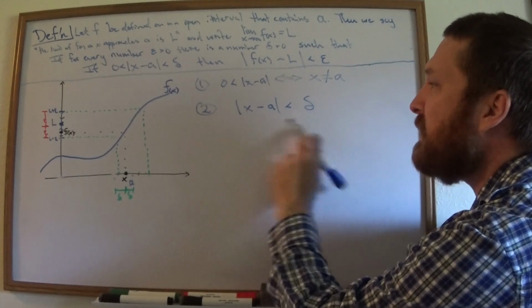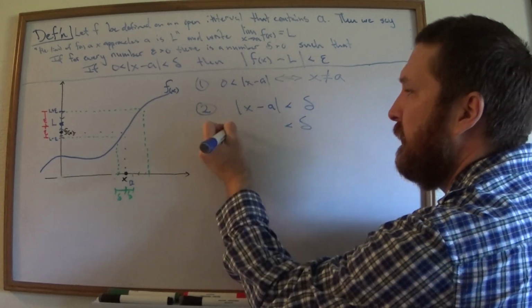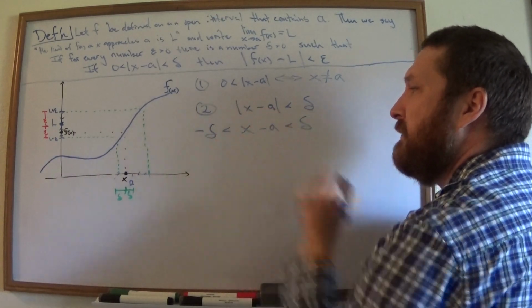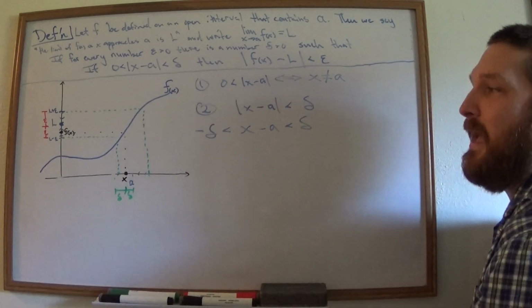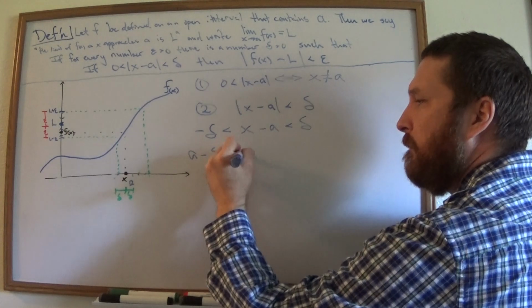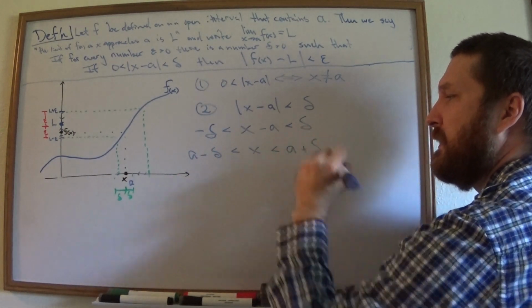Now, what does this mean? Let's drop those absolute value bars by doing my positive delta here, my negative delta here, and now I get that right there. Why don't we add a to both sides, and we get a minus delta less than x less than a plus delta.